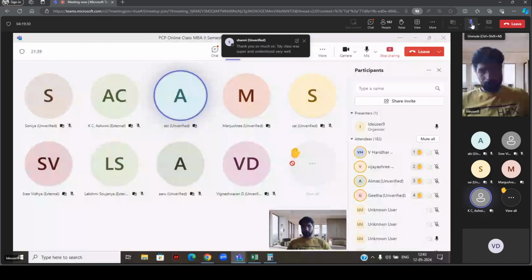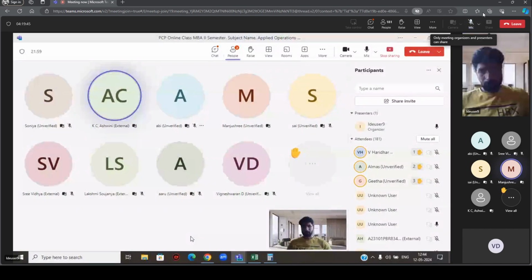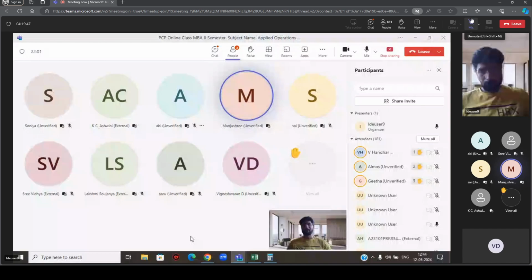So, actually, I'm just looking at the question paper. I could see only 10 marks, not 20 marks. Previous year question papers. You just see the model paper which is given at the last of your book. You have that PCB material, no? In that, if you go to the last, there's a model paper.